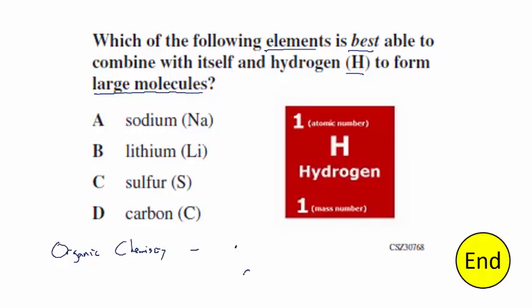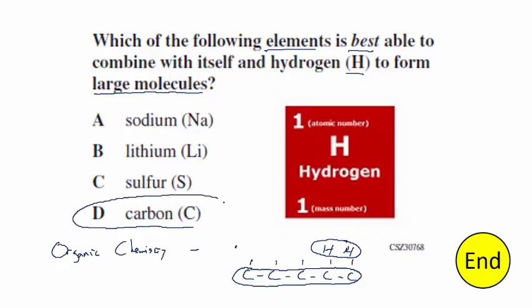Every one of those molecules consists of a chain of carbon atoms surrounded by hydrogens, nitrogen sometimes, oxygen, a couple other random elements sprinkled in there. But the trick is we have to have carbon and we have to have hydrogen. So to answer the question, all of these elements can bond with hydrogen. The best atom, though, is choice D, the carbon atom.